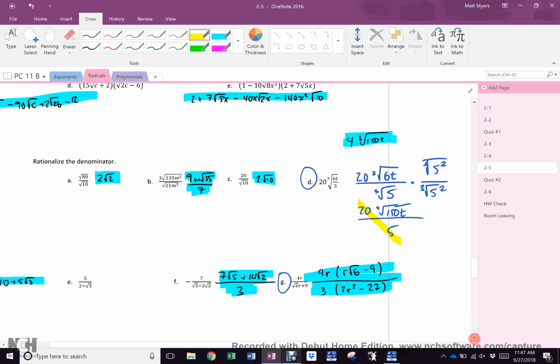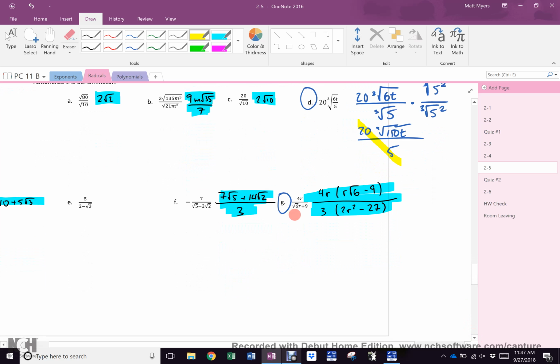Okay, well, on the bottom there, you have 4r over root 6r plus 9, right? Well, root 6 times r, yeah? So maybe it would make more sense to you if you did r root 6 plus 9, right?